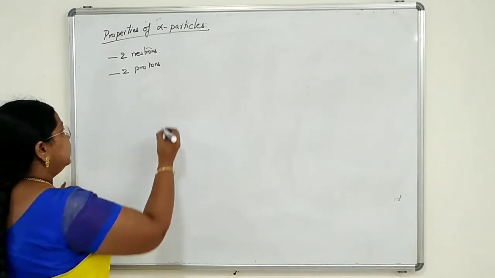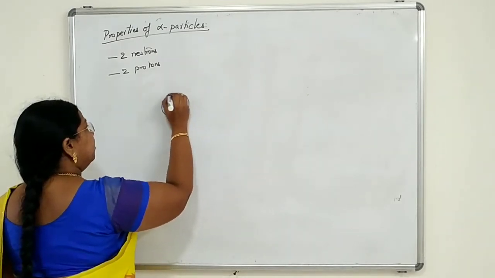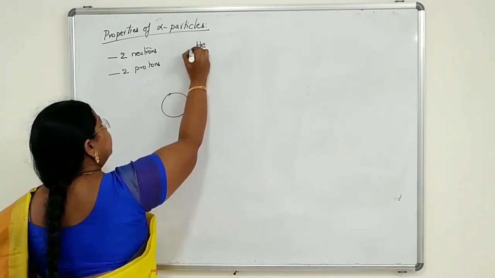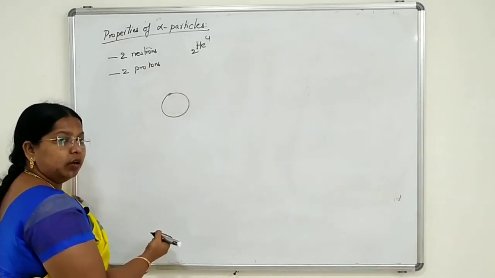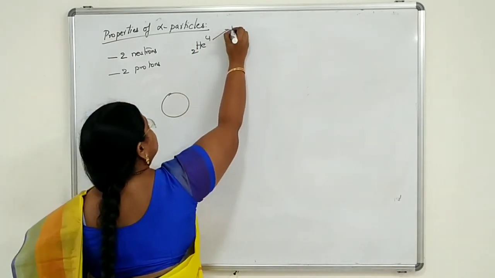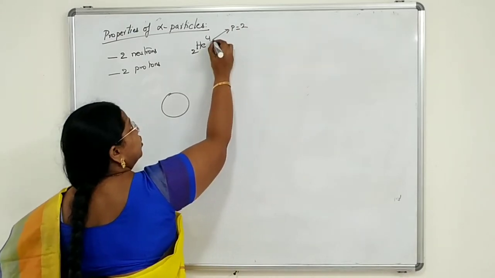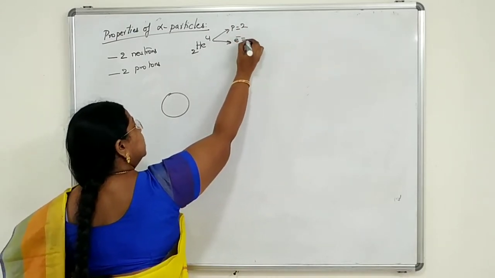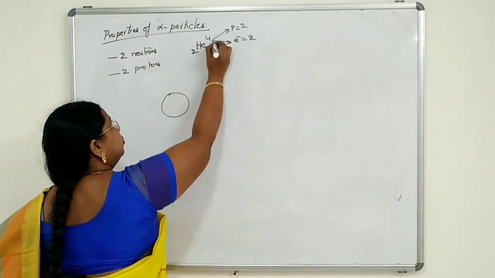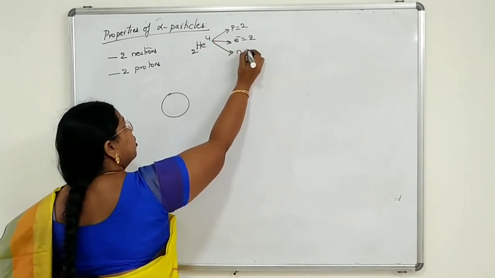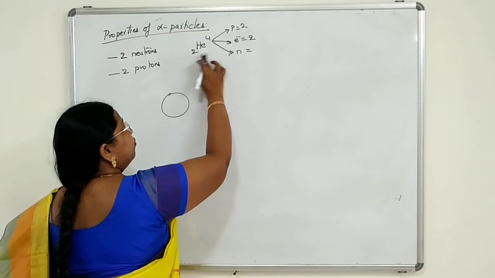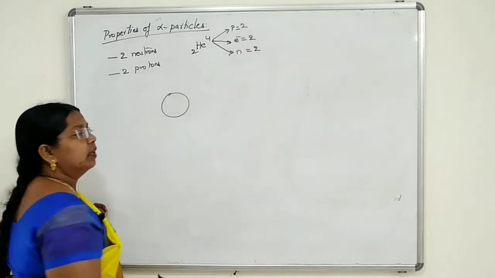We know, students, helium He-2-4: the number of protons is equal to the atomic number, that is 2. The number of electrons is equal to the atomic number, that is 2. The number of neutrons is A minus Z, 4 minus 2, which is 2.